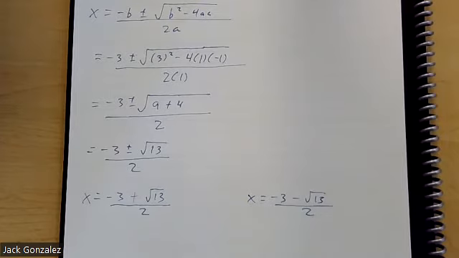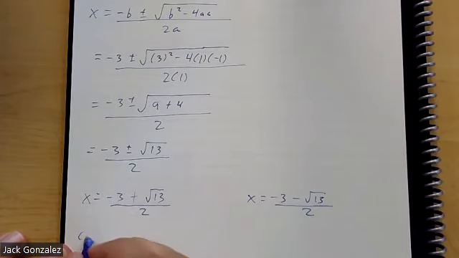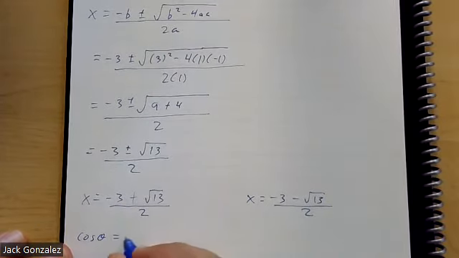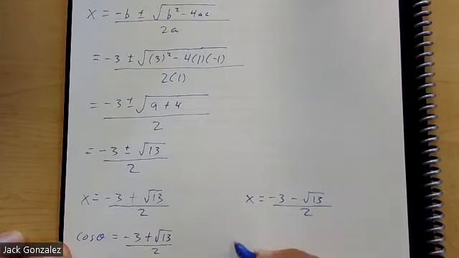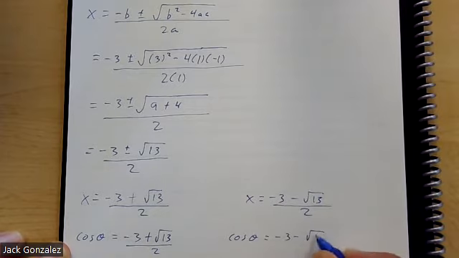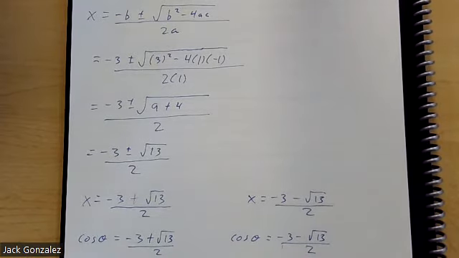So we solve for x, but x is made up. We're not looking for x. This should be cosine and cosine.